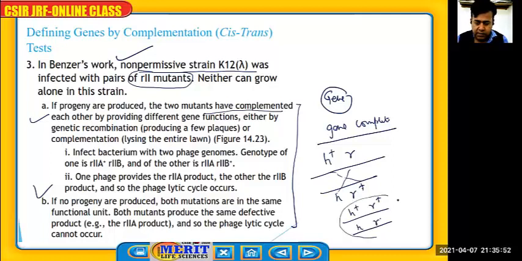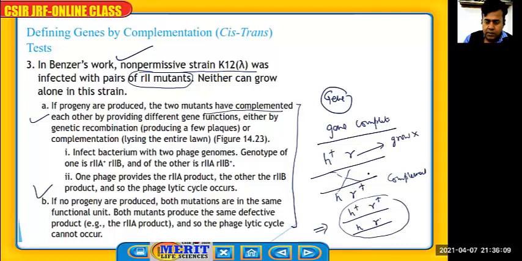Okay, is that clear? H plus R plus HR. So what you can see, this is a kind of complementation. Neither this can grow, neither this can grow. So there is a gene that is responsible for the production of progeny.